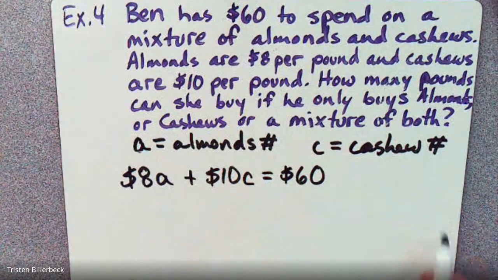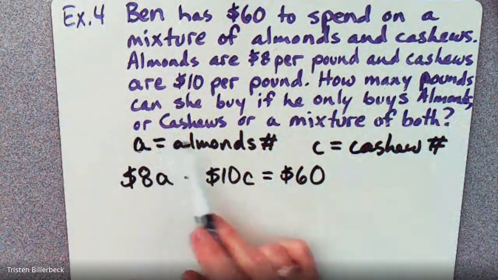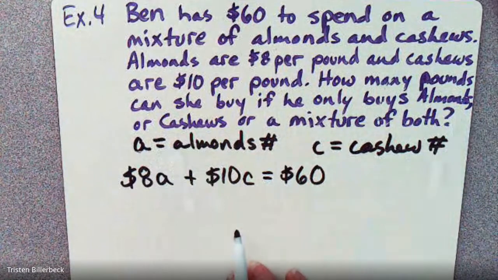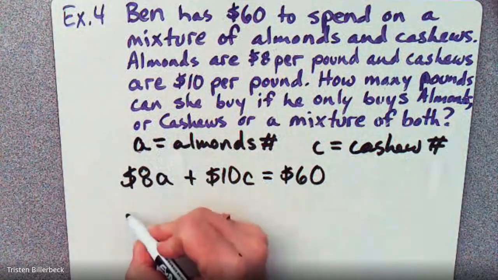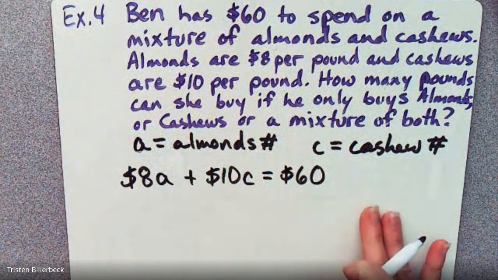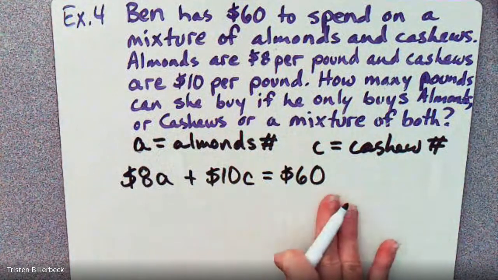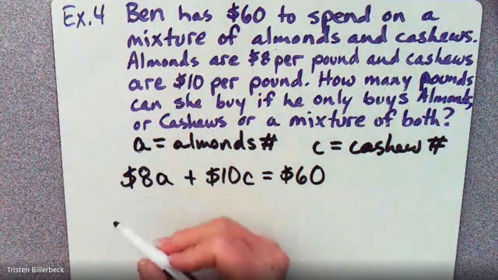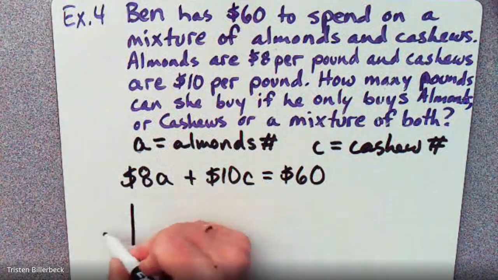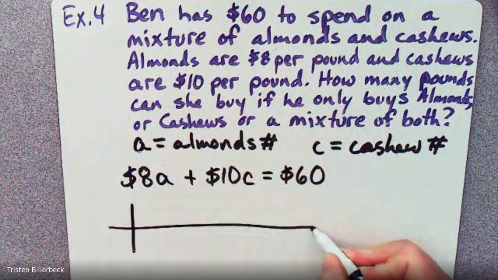The question is, how many pounds can she buy if she only buys almonds or cashews? We could reduce this or leave it as is, but working with 10 and 60 shouldn't be too hard. So let's do a little chart like this.